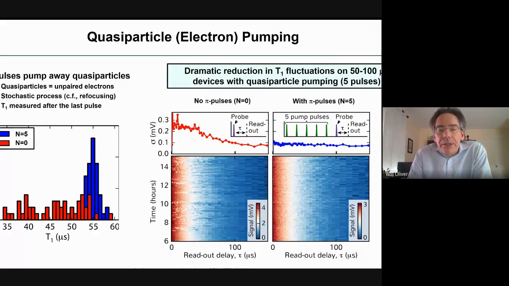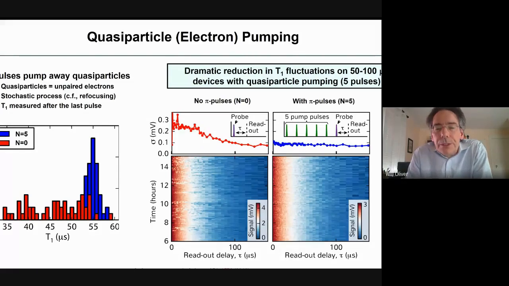And on the right, you can see, again, 0 versus 5 pre-pulses, and there you're seeing basically the T1 traces in the color plots. You can see the left one looks quite noisy, but the right one looks quite clean. And if we take vertical slices of the standard deviation from trial to trial, you can see the red one, again, is quite noisy, but the blue one is essentially flat. So this looked like a good way to at least pump away quasi-particles to get them out of the way.